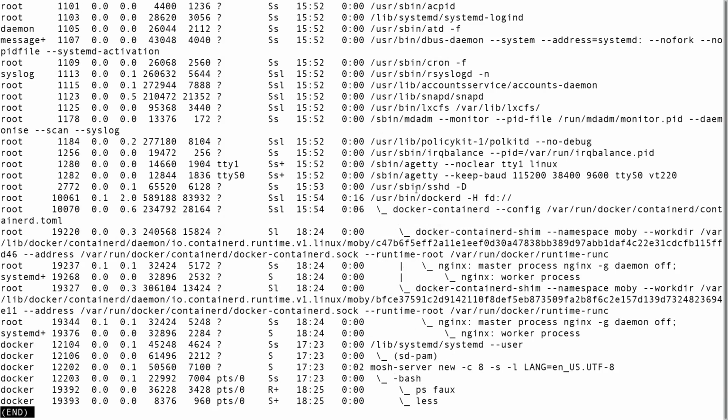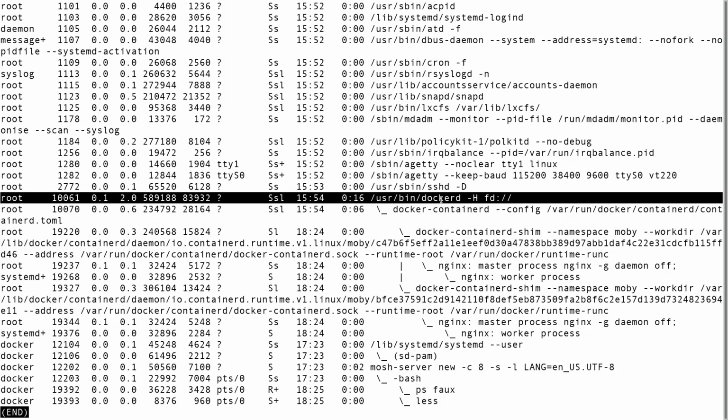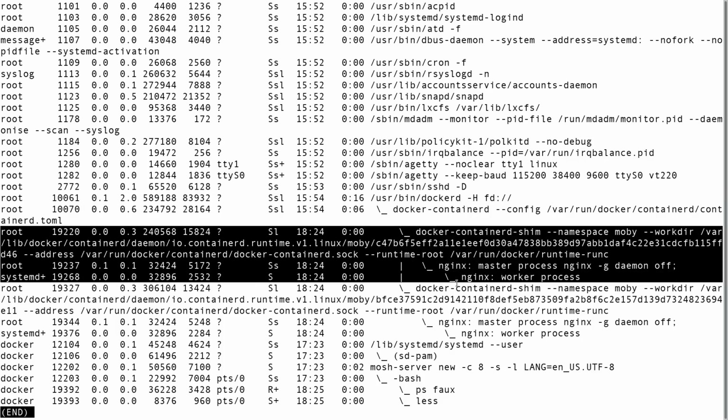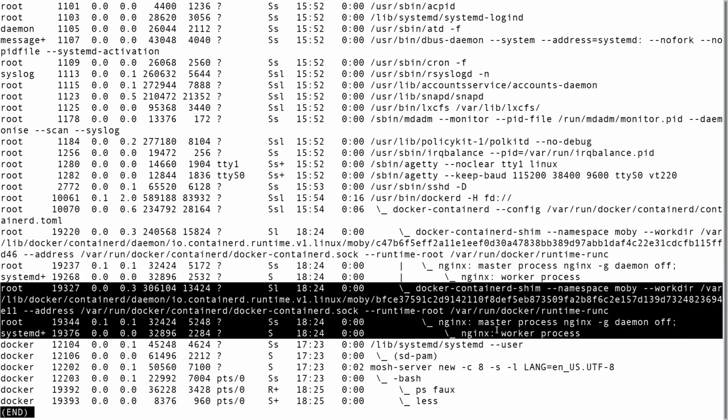Somewhere in my process tree, I have the Docker engine here, and if I look a little bit below, I will see here a bunch of processes that are my first Nginx container, and this is my second Nginx container.